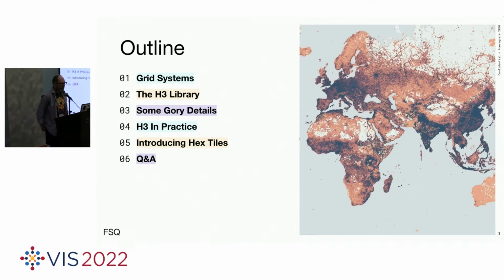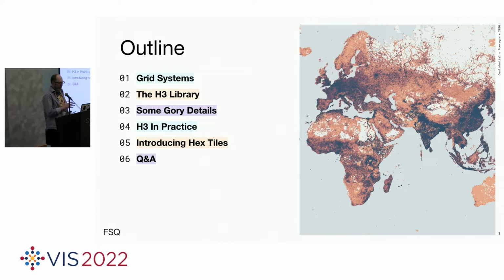So, a quick overview of what I'm going to be speaking about today. I'm going to be talking about grid systems in general and why you might want them, what they're good for, and why they're a useful kind of geographic abstraction. I'll talk about the H3 library specifically and what you might use it for. I'll go through some of the gory details of H3. For anyone who's a practitioner and means to use this, there are some key things to know about it.